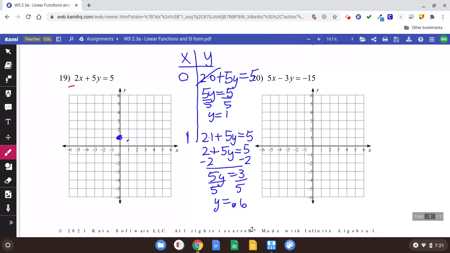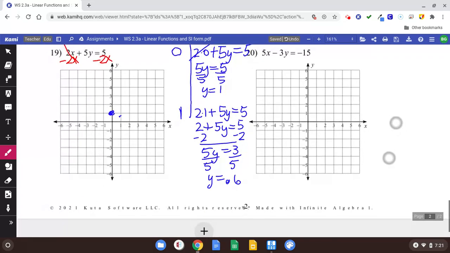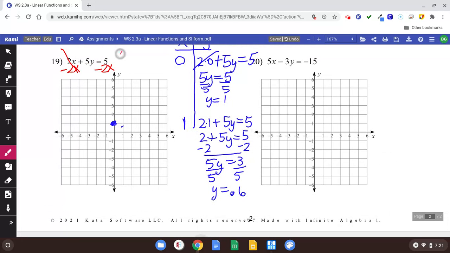So let's take that equation and let's isolate the y. So we'd subtract the 2x, and I'm looking at 5y. 5y equals negative 2x plus 5.